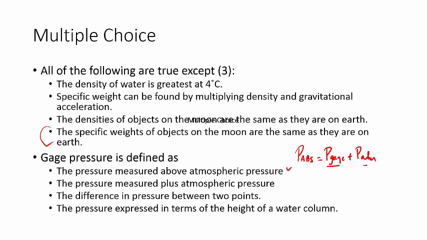So the gauge pressure is above the atmospheric pressure. The pressure measured plus atmospheric pressure, this is the absolute, not the gauge. The difference in pressure between 2 points is just the difference of pressure, delta P. The pressure expressed in terms of the height of water column, no. So this expression here is the correct one.